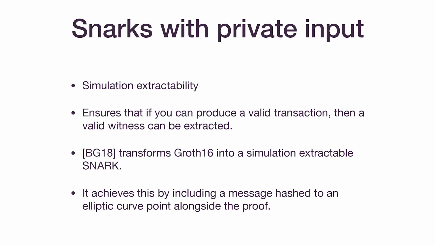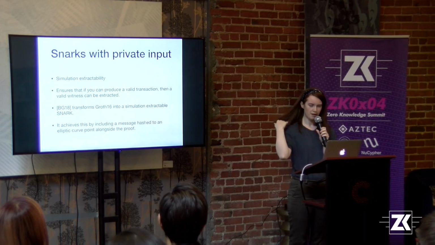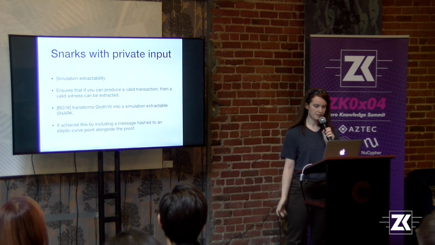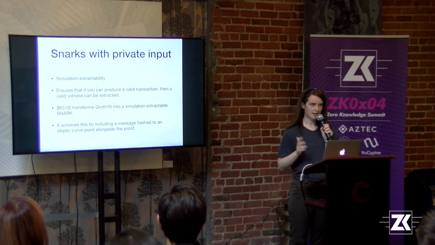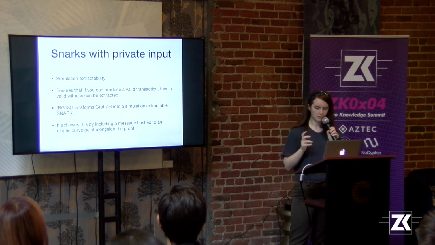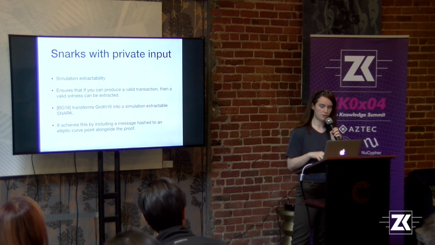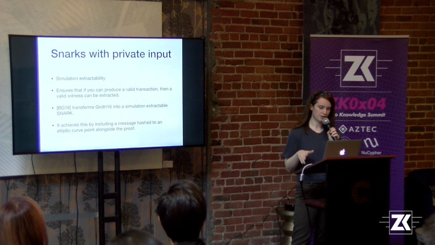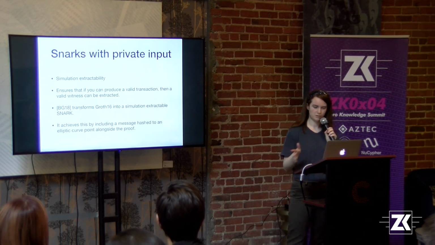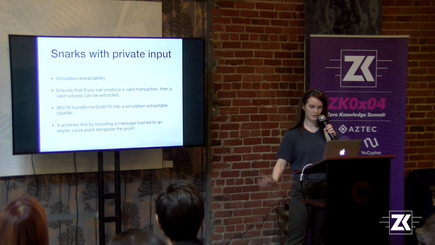And then another motivation is SNARKs with private input. Maybe this isn't talked about very often, but in Groth16, you can't actually put private information right in and not have malleability. There's a security property that says if you only want people to be able to construct proofs if they know a valid witness, then you want simulation extractability rather than the security property that's in Groth16 by itself.